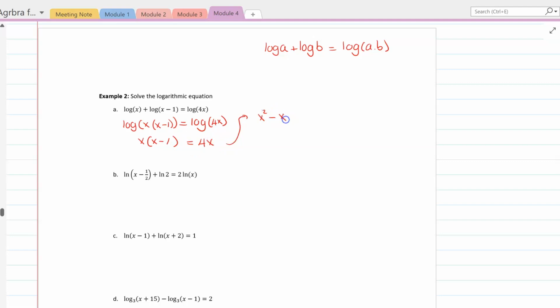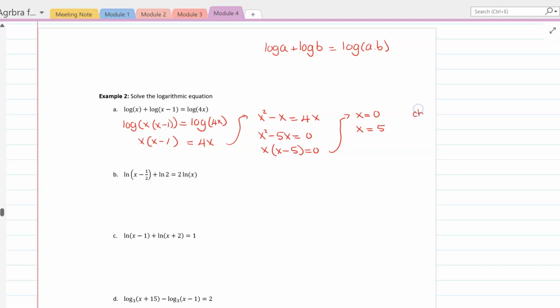x squared minus x equals 4x. x squared minus 5x equals 0. Factor out x. So this tells us that x equals 0 or x equals 5. Then we check.